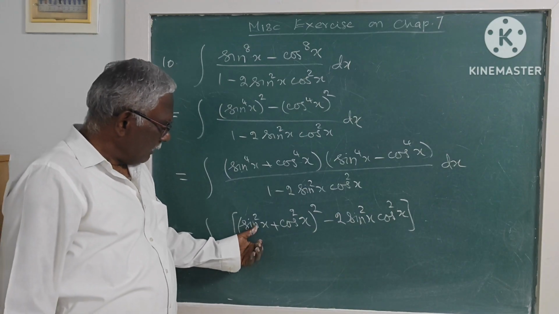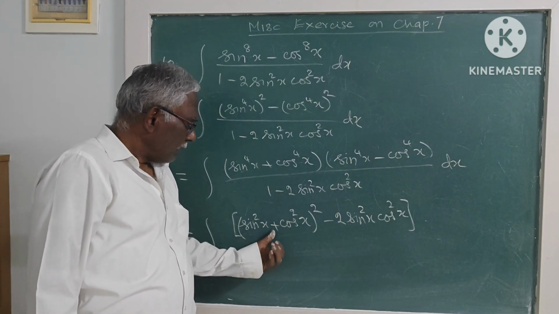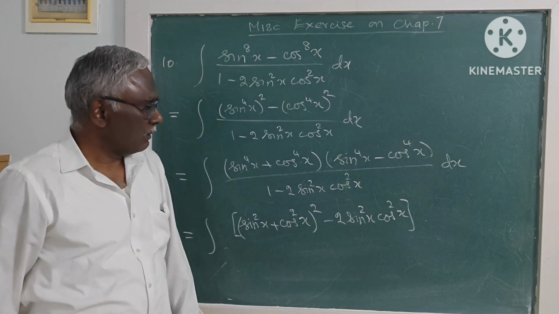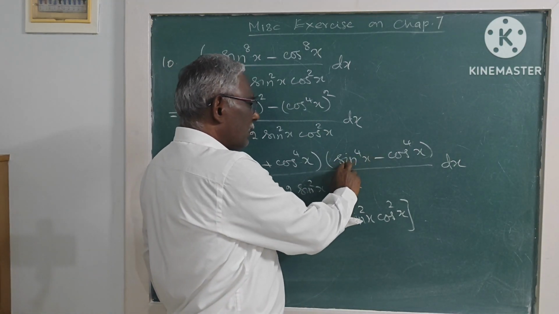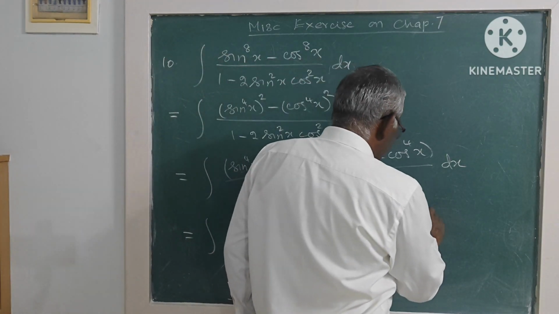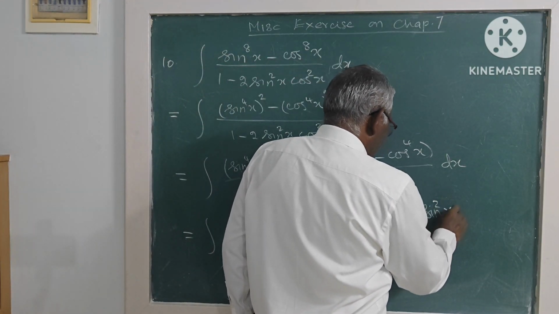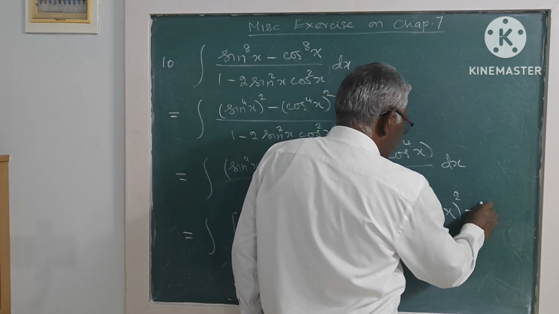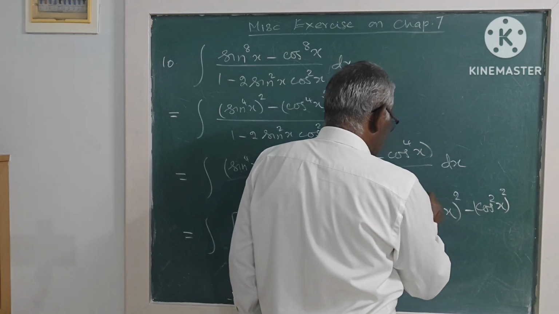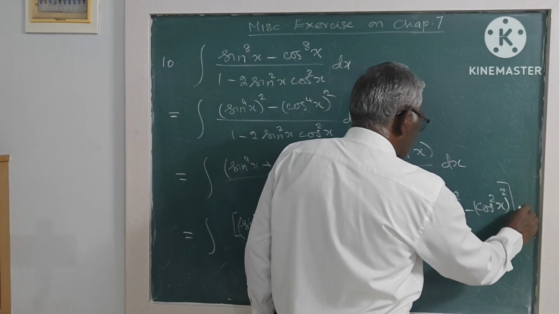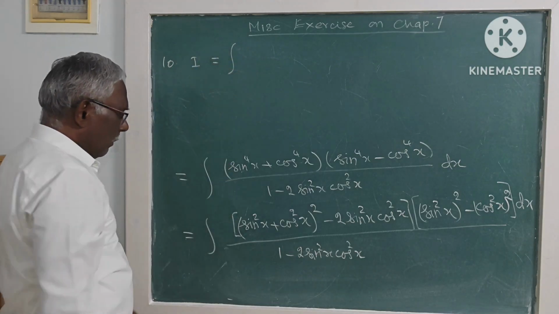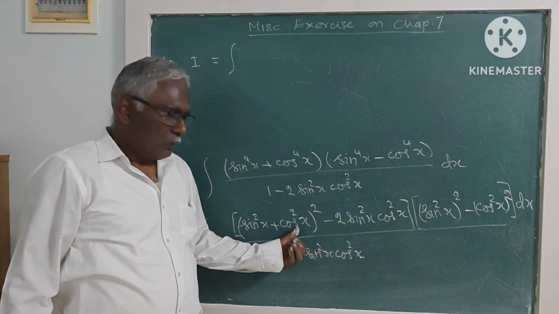So if we expand this, sin power 4x plus 2 sin square x cos square x minus 2 sin square x cos square x plus cos power 4x comes. This again we can write a square minus b square form, that is sin square x whole square minus cos square x whole square dx. So I is equal to integral, we know sin square x plus cos square x is 1.